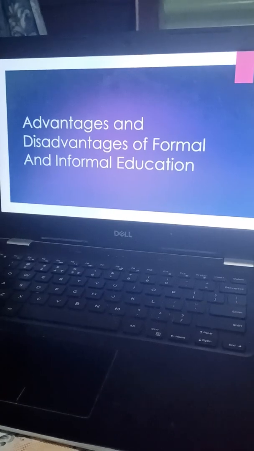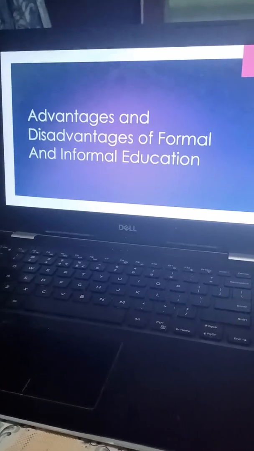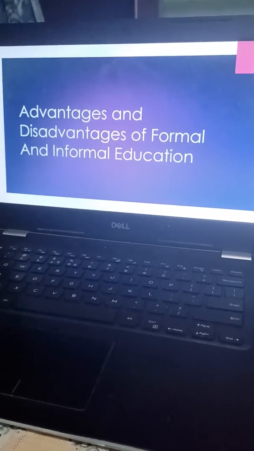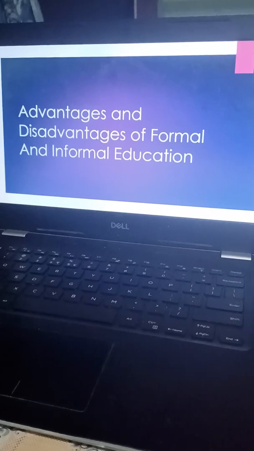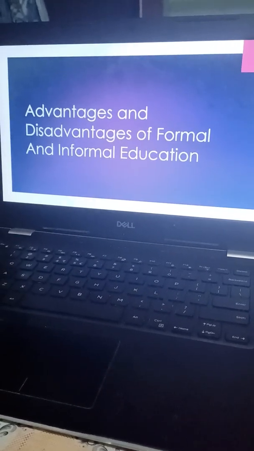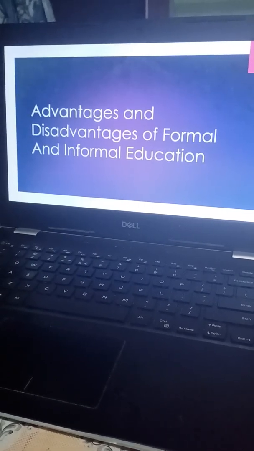The main advantage of informal education is that it gives students a chance to explore. In these systems, students are inspired to learn everything and anything. It does not actually require a teacher, and a student can learn whatever they want and at whatever rate they desire.